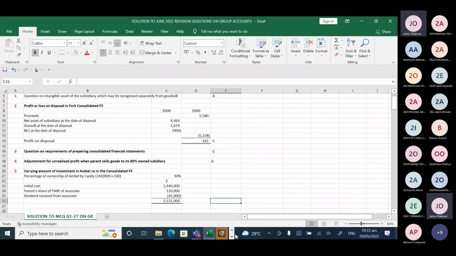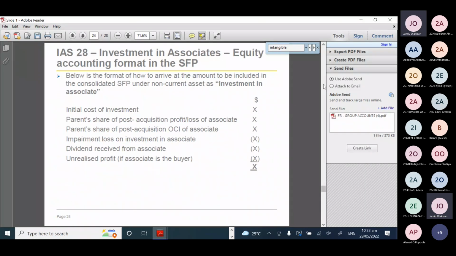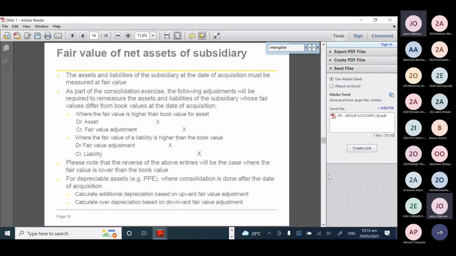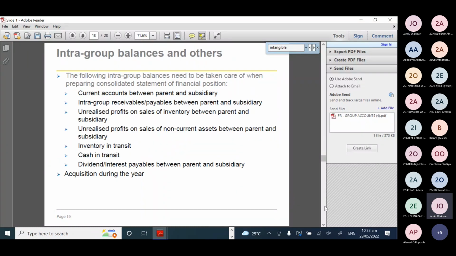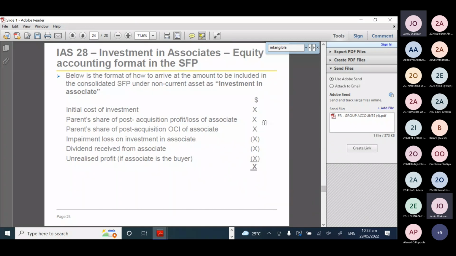Just to remind you, you remember equity accounting? I'm just showing you, it's not compulsory. This is the format of how to arrive at investment in associate using equity accounting. You need to have all this in your head before you enter the exam hall.